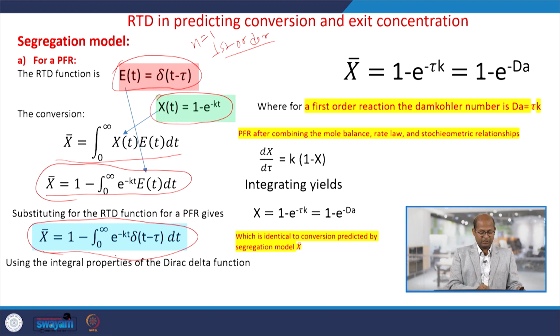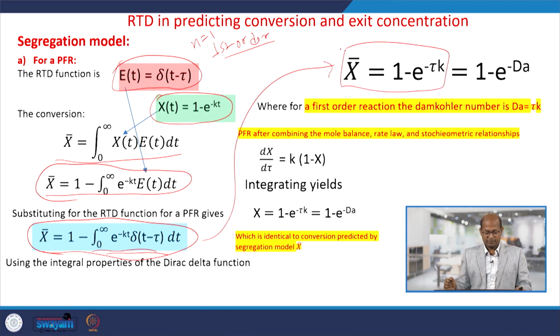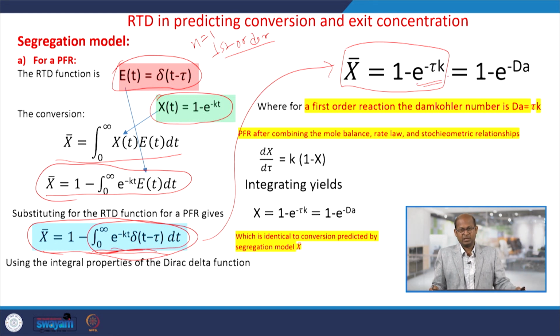Now this component part, if we consider, then it would be like this. Okay. So, X bar equals 1 minus this part, actually the integration from 0 to infinity of e to the power minus kt delta(t minus tau) dt. So, that would be e to the power minus tau k.